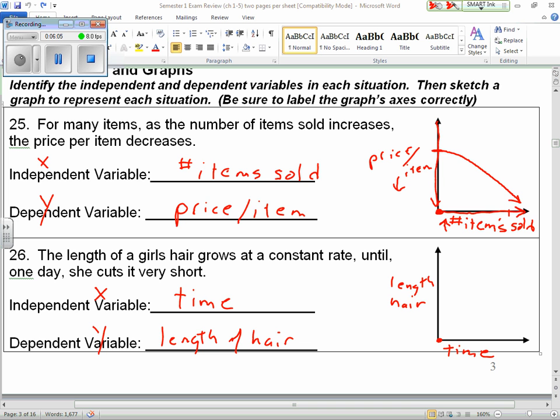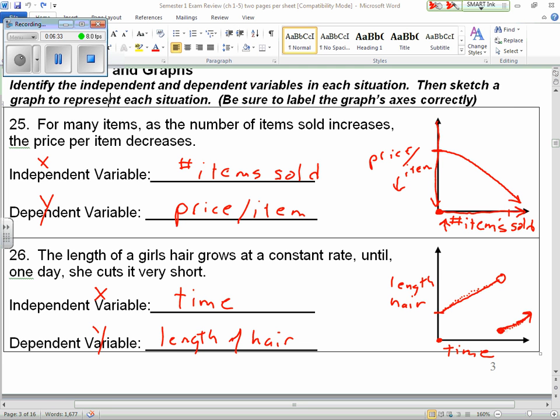So over time, her hair might start out at a certain length, and over time it's growing, her hair is getting longer until one day she gets it cut very short, and all of a sudden it's down here the next day, and now it starts growing again. Okay, but at that certain day it was growing, and then maybe you have an open circle there and a closed circle there, and then it starts going up again.